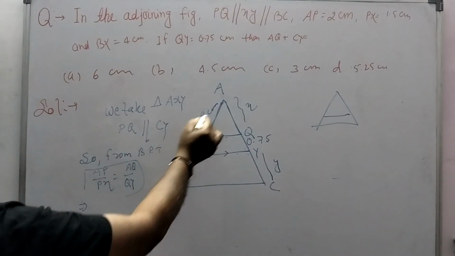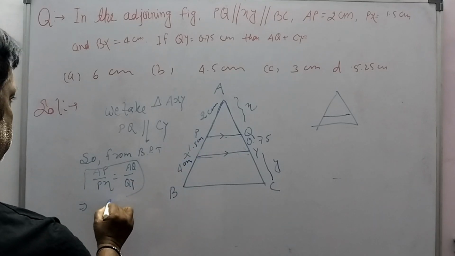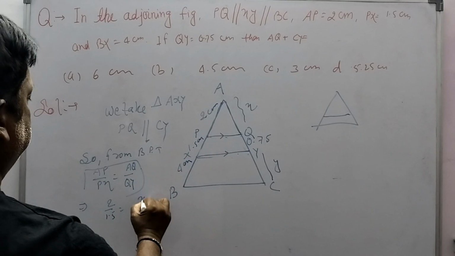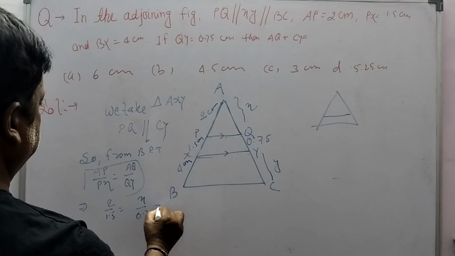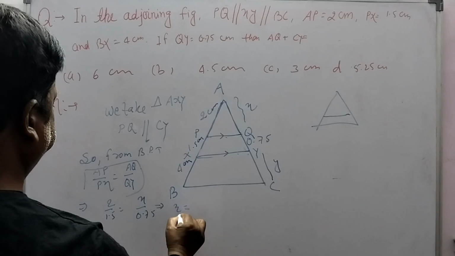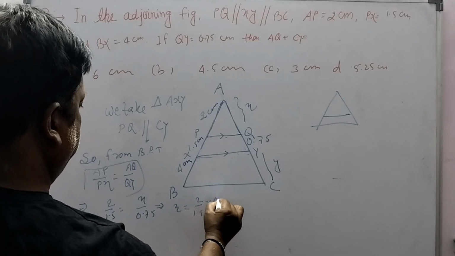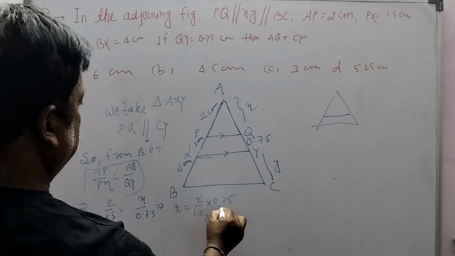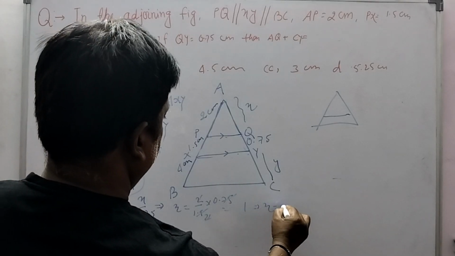So AP by PX means 2 by 1.5, equal to X, the unit we considered, by QY 0.75. From this relation, we can find X equal to 2 by 1.5 into 0.75. That means X equals 1 centimeter.